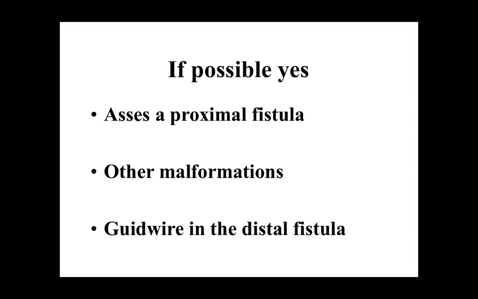You will have a long gap esophageal atresia. Another thing that bronchoscopy can help with is to put a guide wire in the distal fistula, and this can help you to perform your surgery more easily. So if possible, perform it, but this needs expertise. This is not easy. This also needs adapted material.